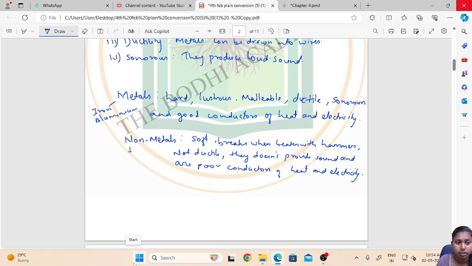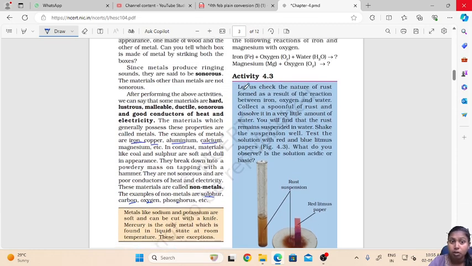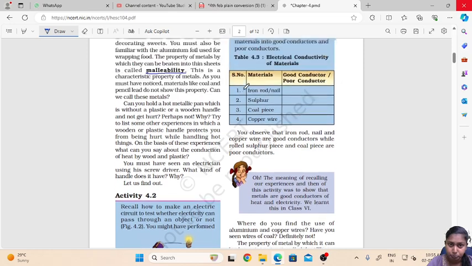Here we can take sulfur, carbon, phosphorus. Okay, so these are the physical properties of metals by which they are distinguished.